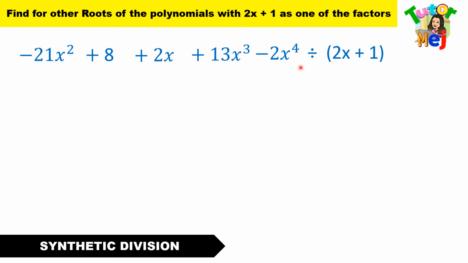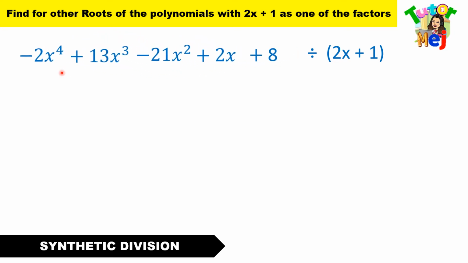Now, what we are going to do here is to rearrange if it is not yet in its standard form. So let us rearrange. Okay. Then check now if the exponents of the given polynomial are already in descending order. Okay, so that's correct now.